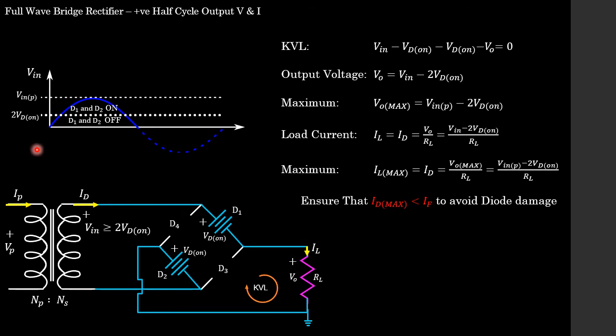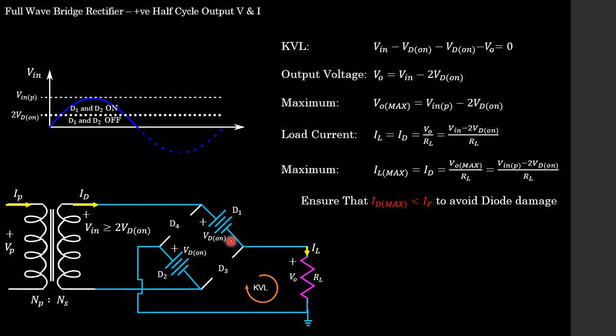Okay, so then let's actually rise up above 2 times our diode on voltage. On this slide, students, we're going to be working in this region between our input peak and 2 times our diode on voltage, where D1 and D2 are on. Because our 2 diodes are on, we can replace them with their equivalent models. We're going to use the constant drop model here.